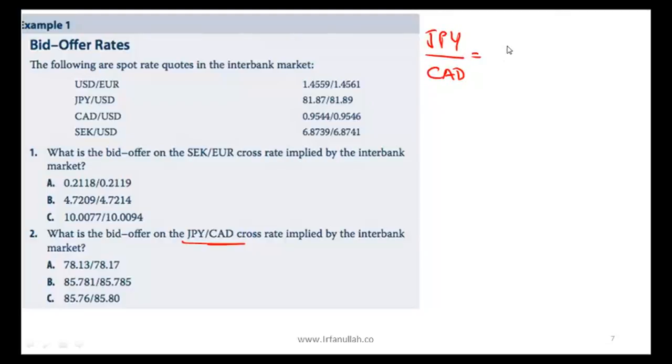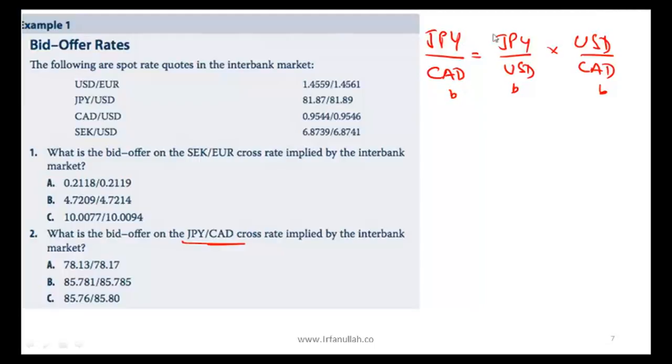So how do you come up with this? So you have Japanese yen. First, let's just do the algebra. Yen to US dollar multiplied by USD over CAD. And again, this bid will be equal to this bid times this bid. But do we have this data nicely given the way we had?